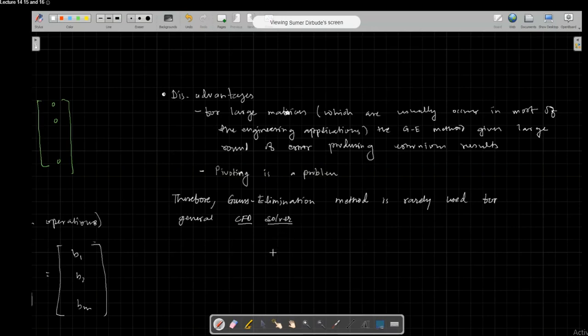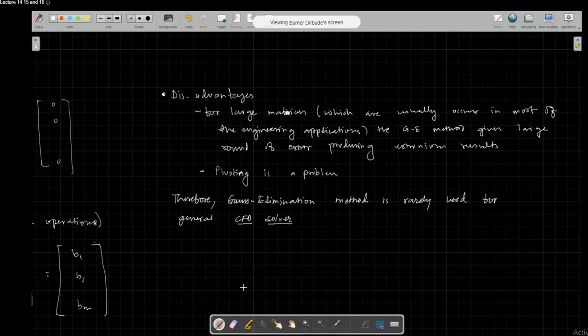CFD solvers are meant to solve large, practical problems having a large coefficient matrix, so these methods may not be so useful in this case.